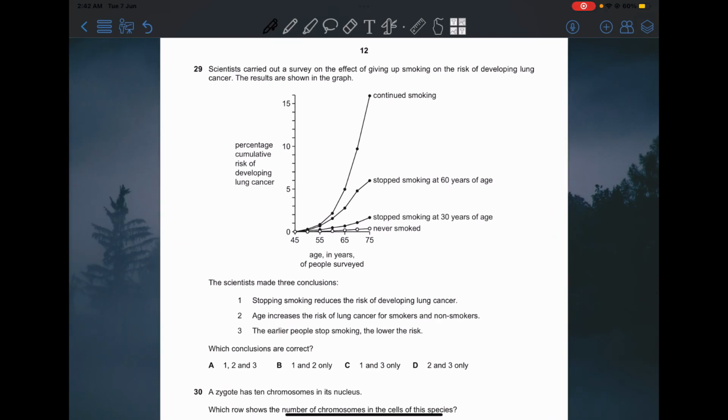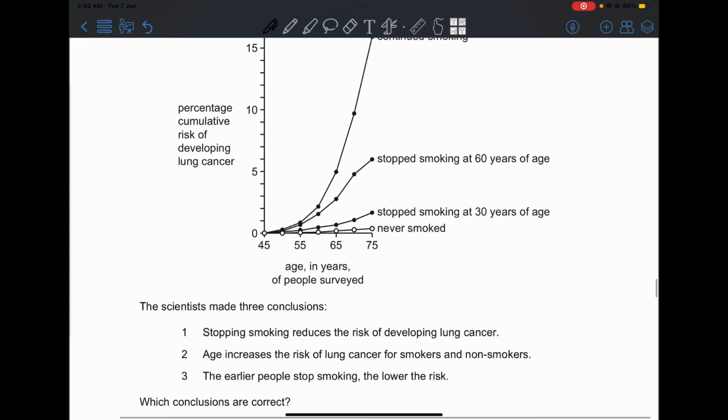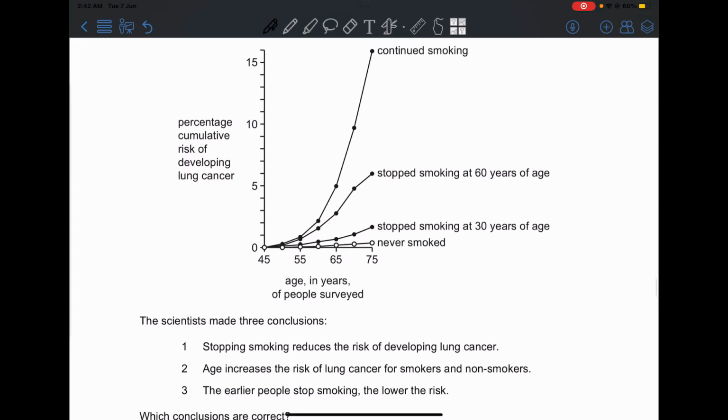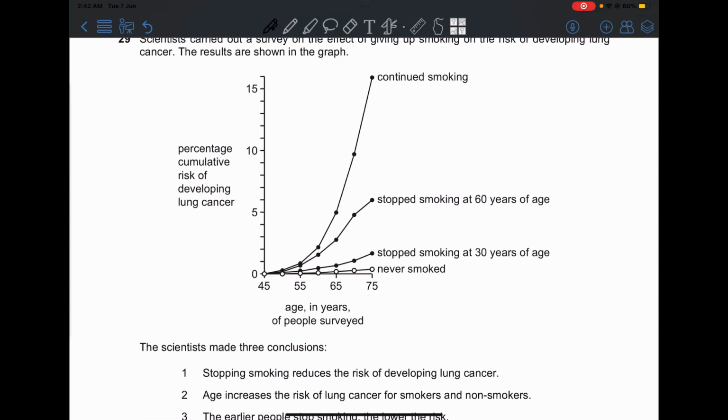Now, we know that stopping smoking actually reduces the risk because, as we can see here, the people who never stopped smoking actually had a very lower chance of lung cancer compared to the people who continued smoking. As you can see, the graph is very high up compared to the one that is stopped smoking at different ages over here.